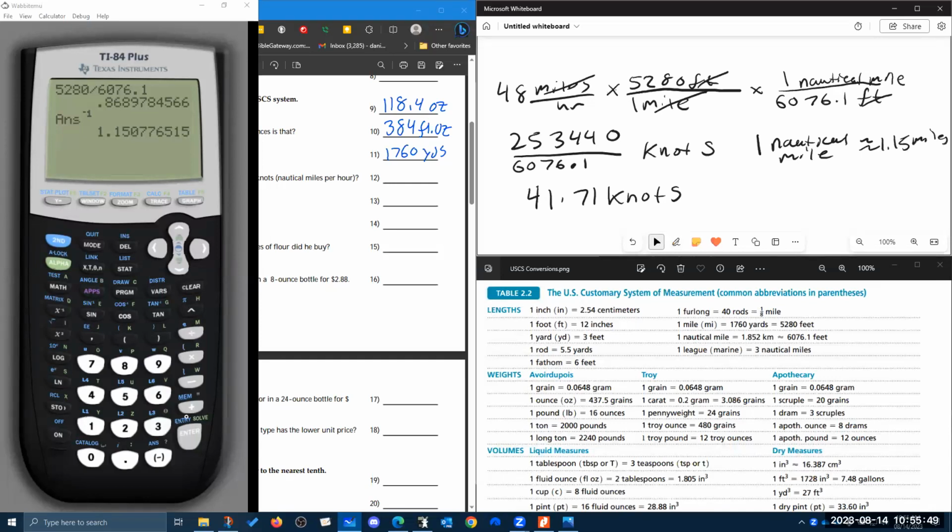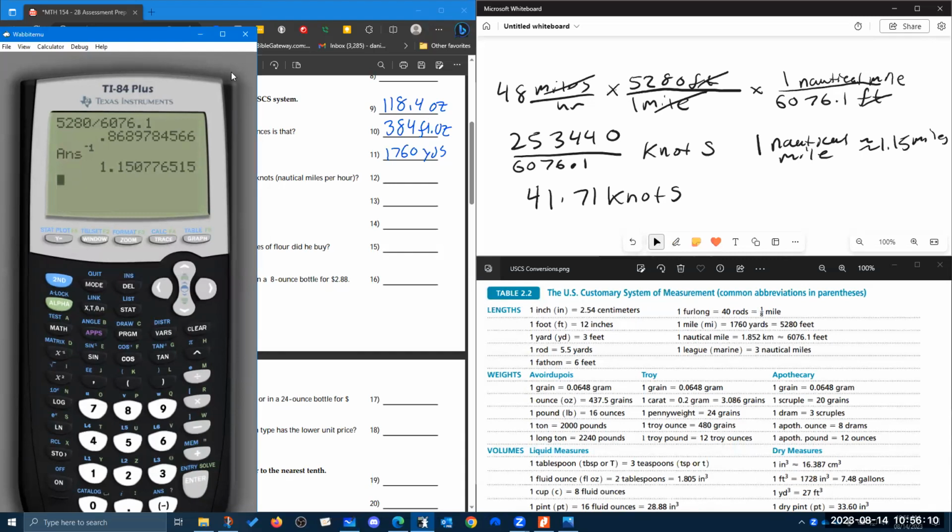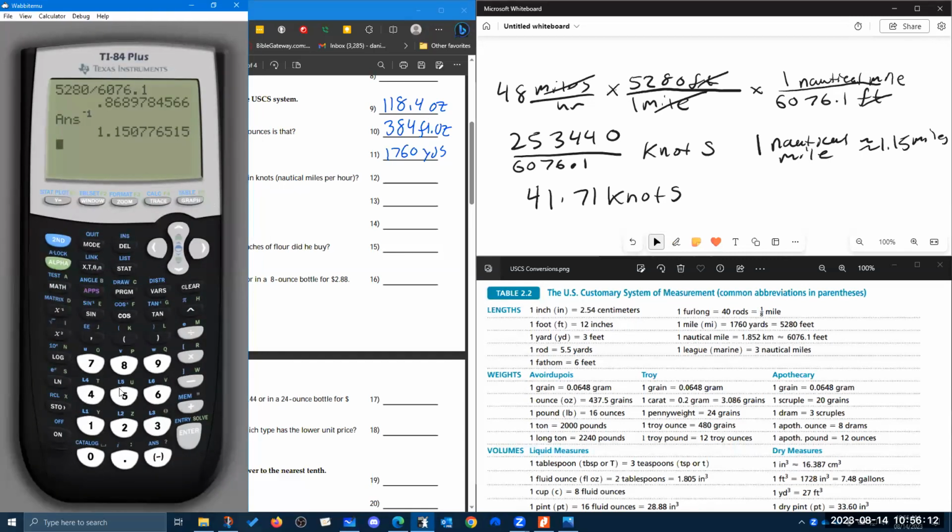Okay. So let's just check it with that conversion there. 48 divided by 1.15. I said times just a second ago. 48 divided by 1.15.